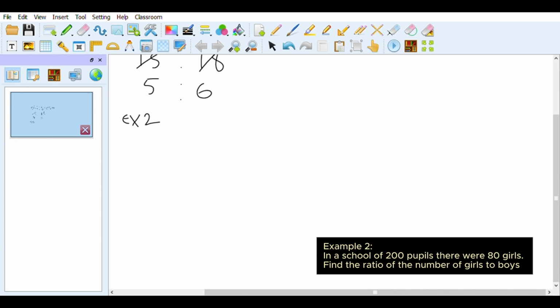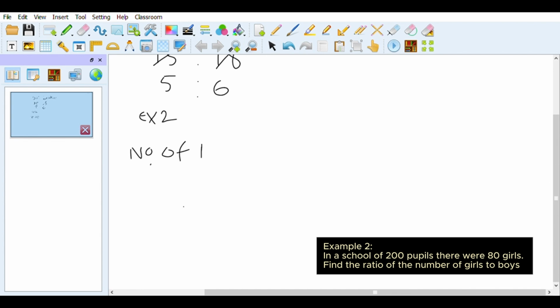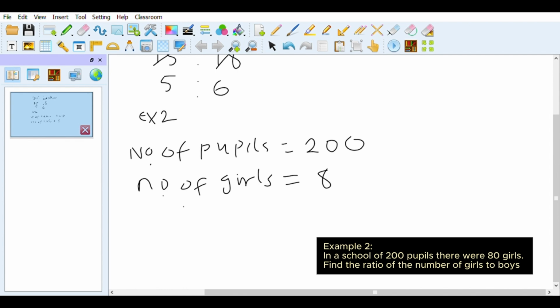So the number of pupils in the school, from the question, we have 200. And we said from the question there are 80 girls. Number of girls is 80.